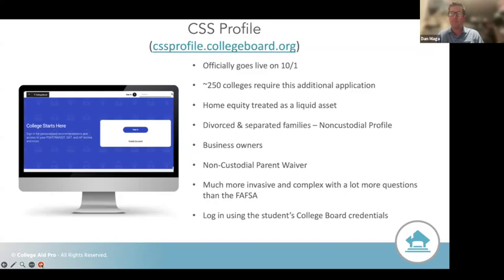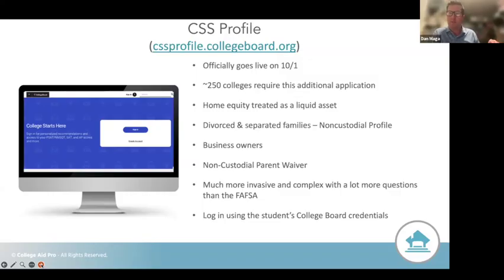Now, another difference here for the divorced families. On the FAFSA, if mom and dad are divorced and neither of them are remarried, only one of those parents can submit the FAFSA. For the CSS profile, almost all schools that require it also require what's called the non-custodial profile. So if mom is the custodial parent, only mom's information was on the FAFSA.